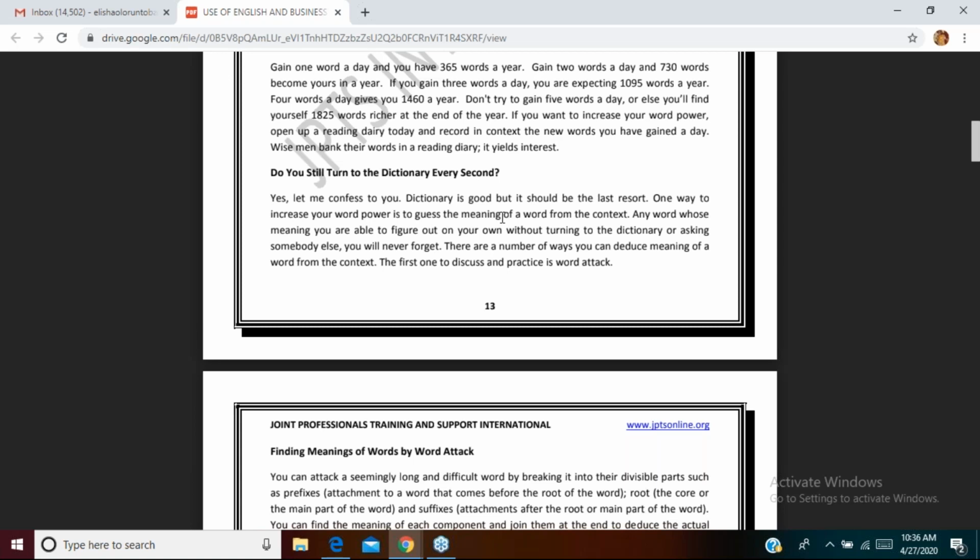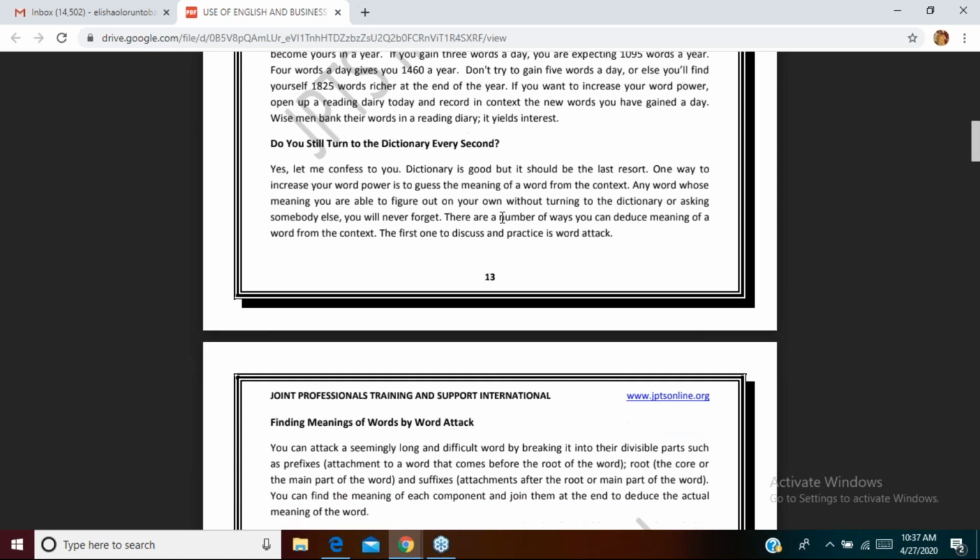What it means to listen. Who is a listener? Because if you cannot listen attentively, there is no how you can do well in what we are talking about here, because we're talking about vocabulary development. You will not be able to do well in vocabulary development. It's important. So let's move on.